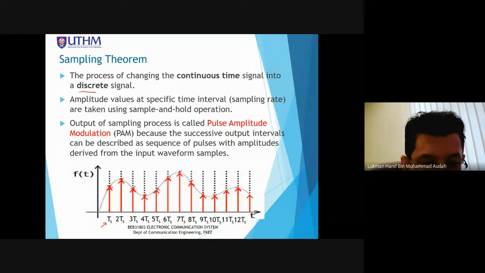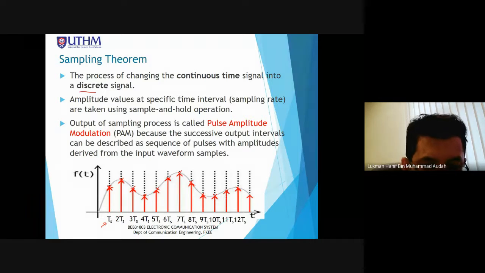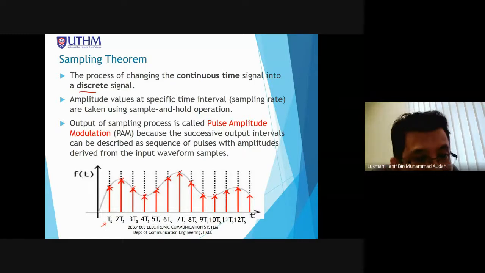Okay, yang merah ini. So asalnya adalah continuous, color biru ni, kemudian menjadi discrete time seperti ini ditunjukkan dalam bentuk pulses, yang color merah. Dan TS di sini adalah sampling time, first sample, second sample, third sample, fourth sample dan seterusnya. Dan signal yang color merah ini, yang pulse ini, dipanggil sebagai pulse amplitude modulation signal.